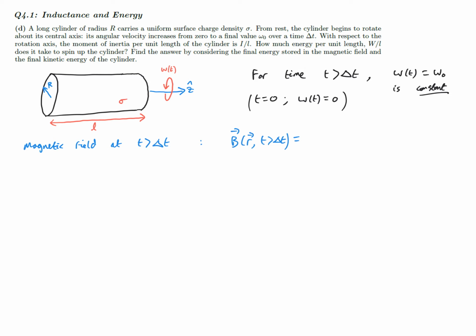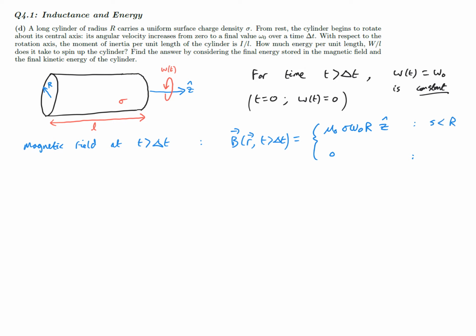And it can be treated basically as a solenoid because we have a surface current that's flowing on the surface of this cylinder. Of course, the physical situation is that it's a charged cylinder that's rotating, but that gives rise to a surface current. And we, therefore, can just use the result for the solenoid to extract the final magnetic field.